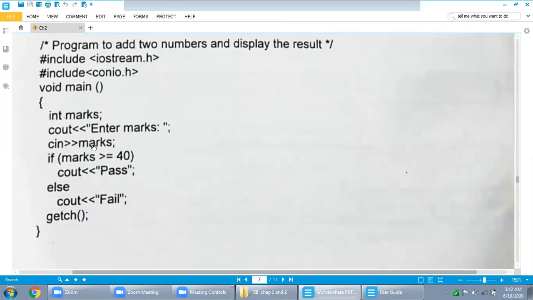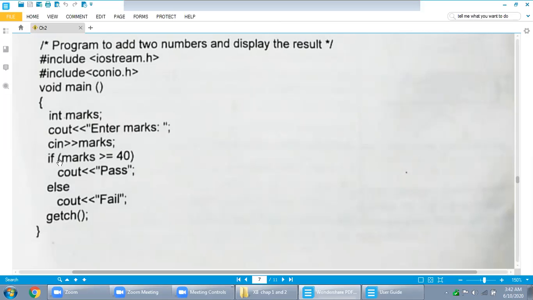Input means cin marks. Like in the algorithm we write input marks, in programming we write cin marks.